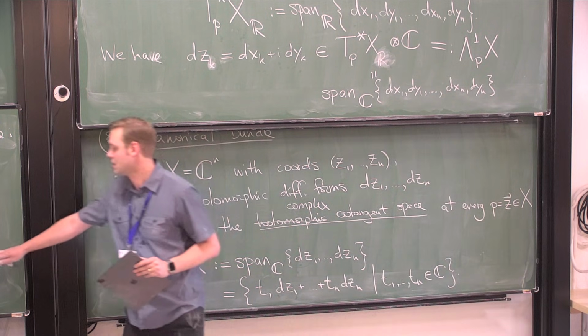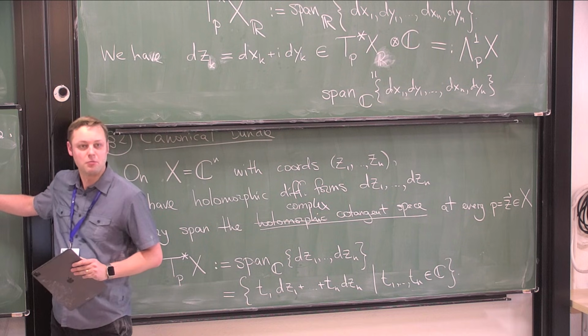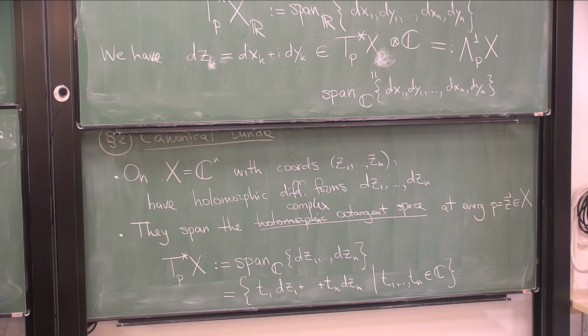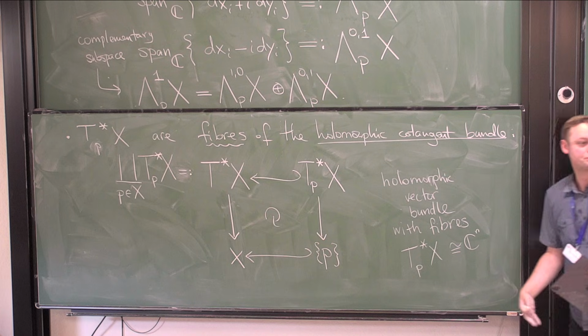That's just C^n. And that's why we call it a holomorphic vector bundle: it's a bundle of spaces because we bundle them all up together, and each space in this bundle is a vector space in its own right.